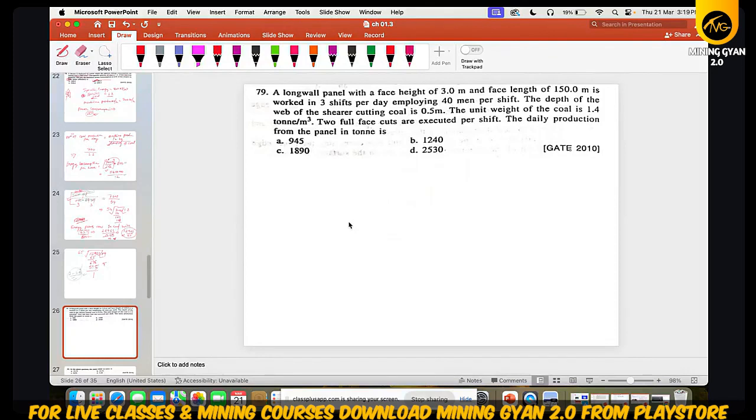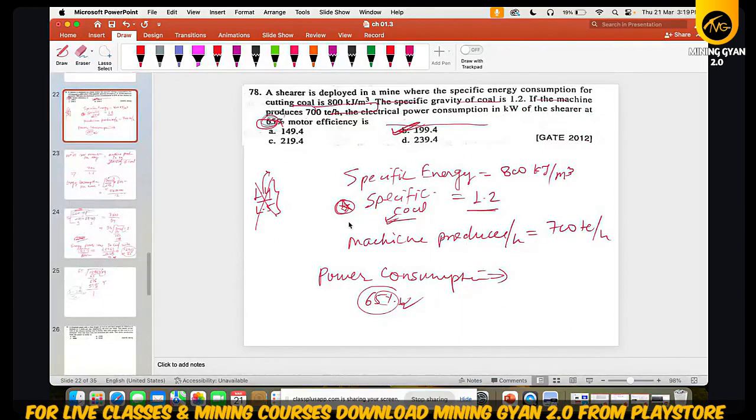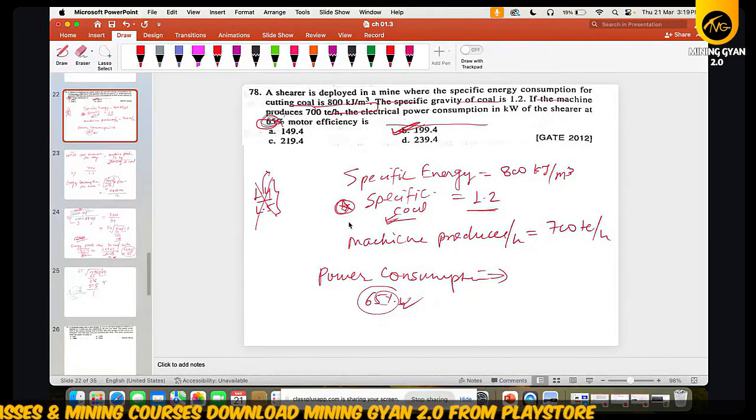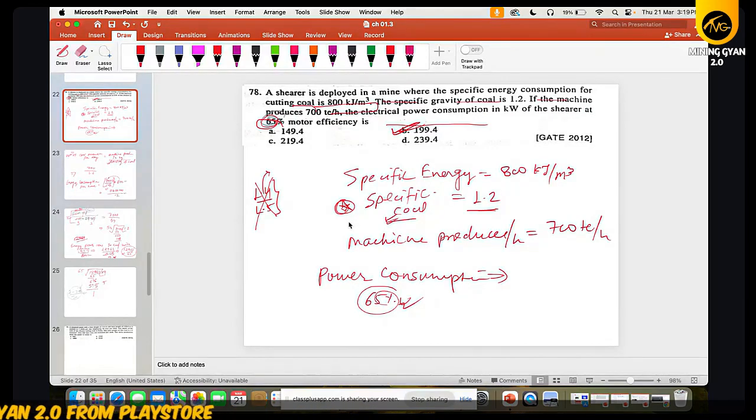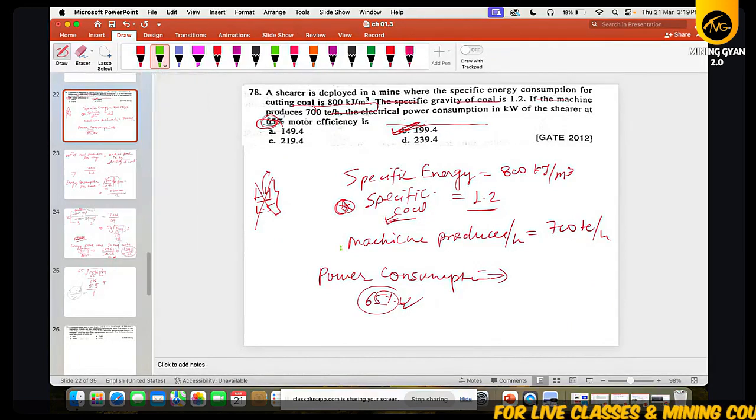So let me explain once again. In this question, they have provided the specific energy, which is 800 per meter cube. Then he has also provided the specific coal density, which is 1.2, and the machine production, 700 ton per hour.